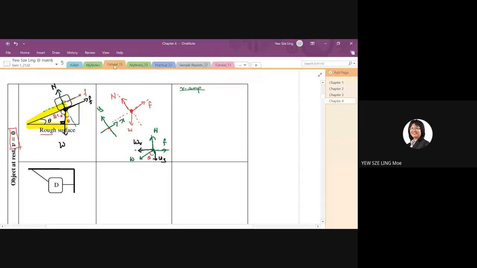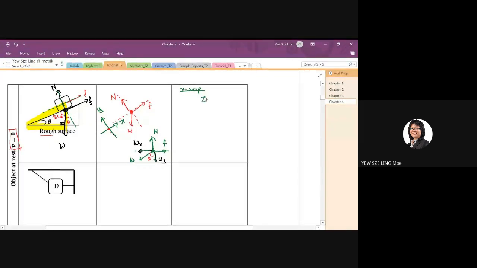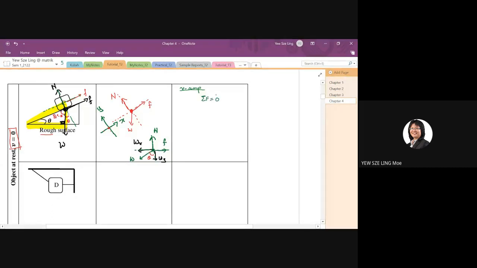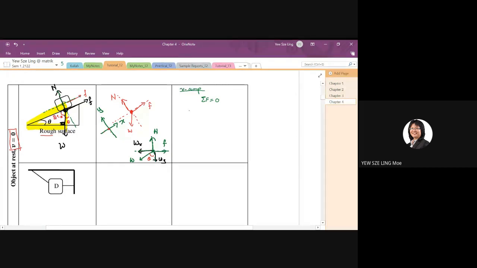For the x component, summation of F equals 0 because it tells us the object is at rest. The frictional force F is positive, minus Wx equals 0.